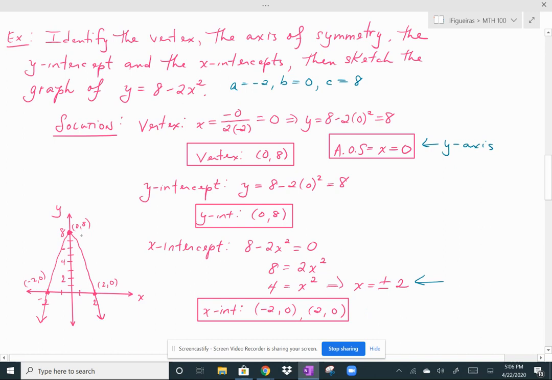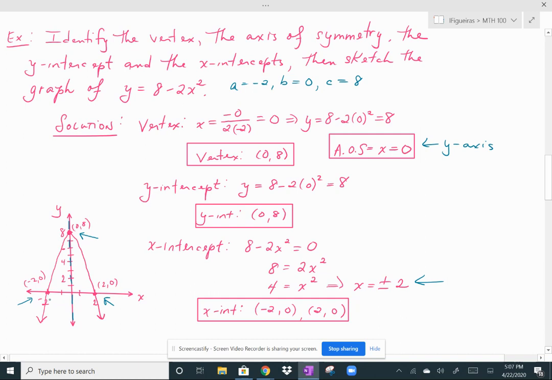My vertex here, which is again the maximum value, the greatest value on the function, and my two x-intercepts here, (negative 2, 0) and (2, 0). And I'm going to show you where the axis of symmetry is. Axis of symmetry, I'll put it here in this bluish green color. This is the vertical line that splits this parabola in half.